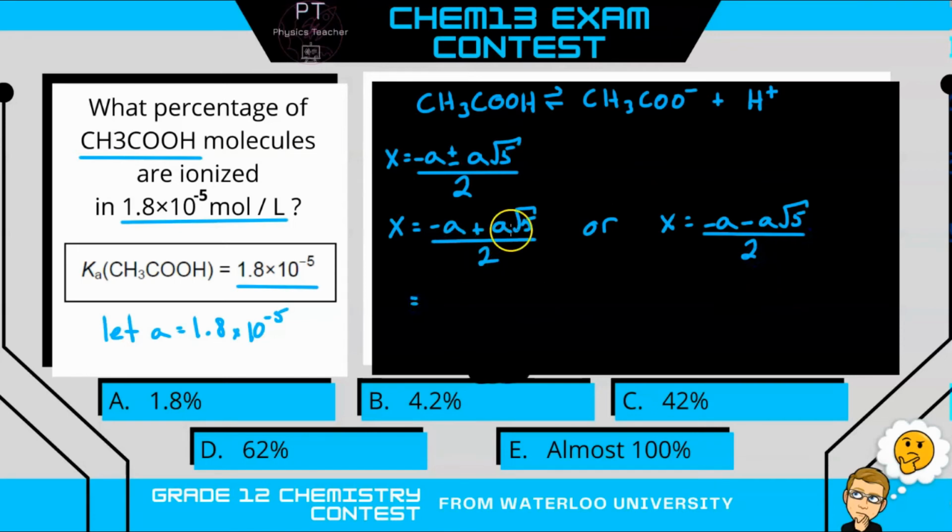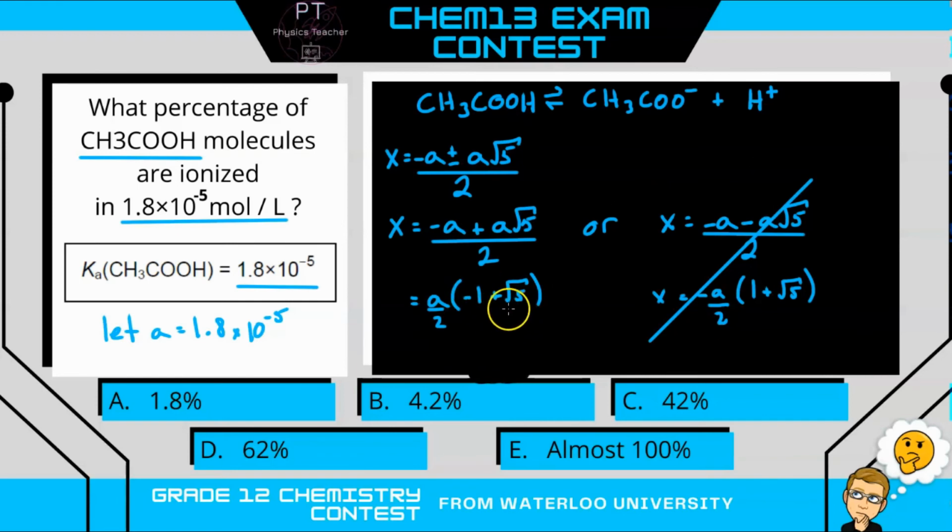So in this case, I can pull out an A and have it as A over 2 times (minus 1 plus root 5), or x equals minus A over 2 times (1 plus root 5). Now you can see in this case we are going to get a negative answer. We don't want a negative answer, so this one we are going to ignore. Whereas in the first one, we won't get a negative answer because the square root of 5 is greater than 1.